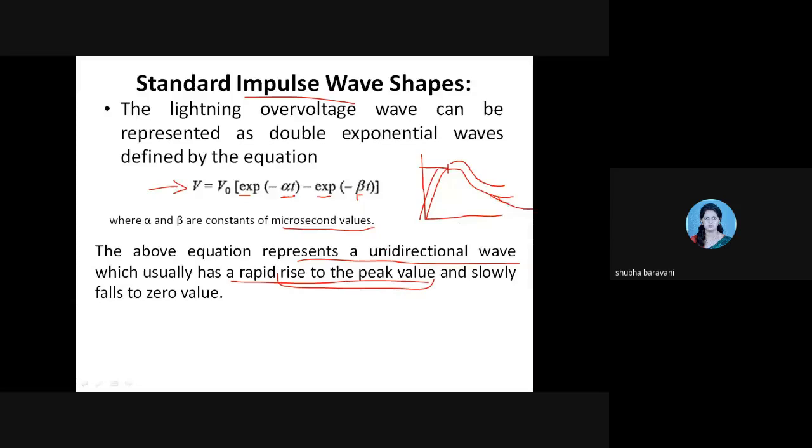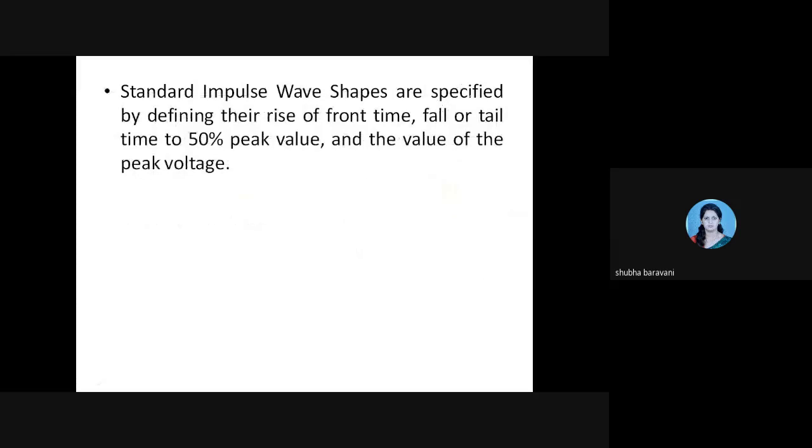Standard impulse wave shapes are specified by defining their rise or front time, fall or tail time to 50% of peak value, and the value of the peak voltage.